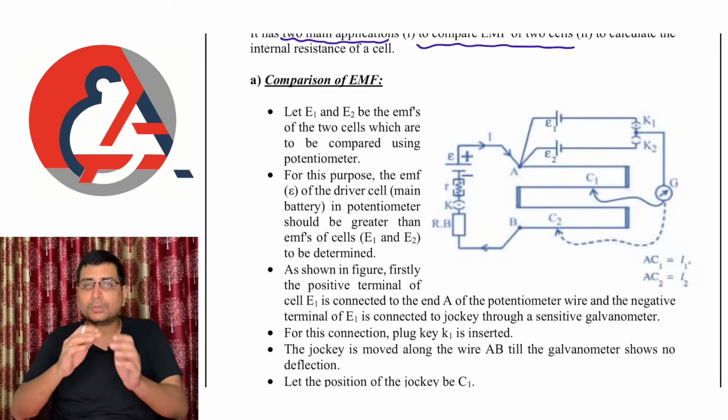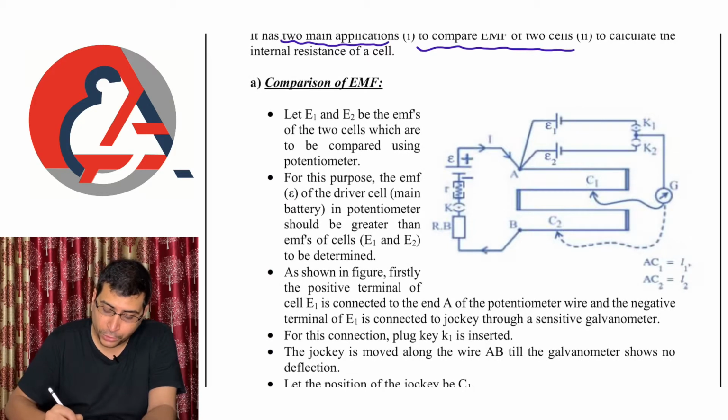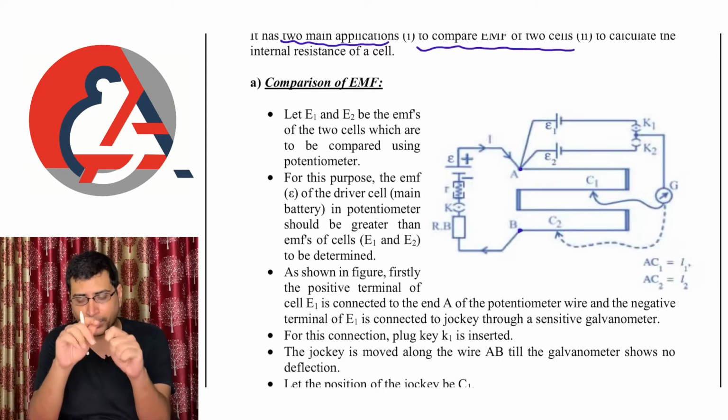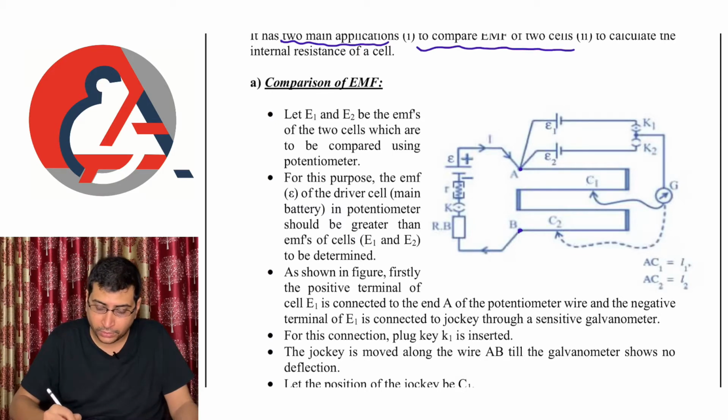Okay. So for that, what we need is a potentiometer wire. So you have a potentiometer wire AB, as I mentioned in the previous video. If you take a wire AB of length capital L, you bend it in this form and keep it. Then this particular device is going to be the potentiometer, right?